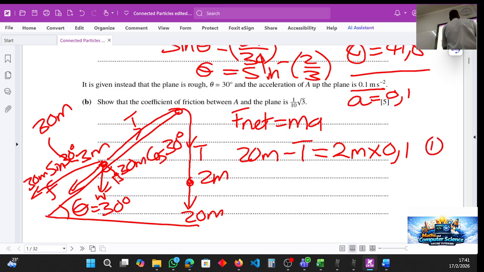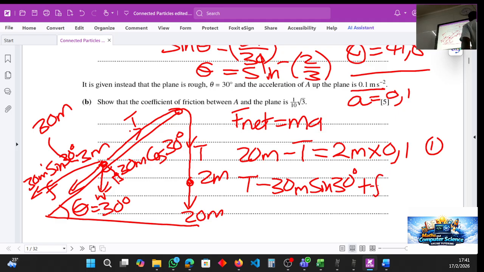Now the second one will be saying tension minus the two components we have, which is 30m sine 30, the parallel component of weight, plus F. But we can't put a plus per se. When we put plus, in other words, we might be combining these two because they are facing the same direction.